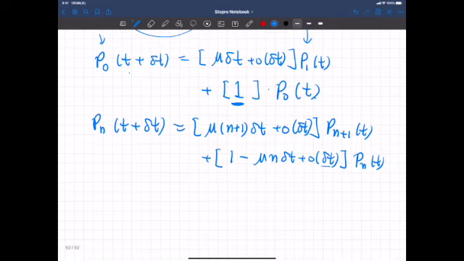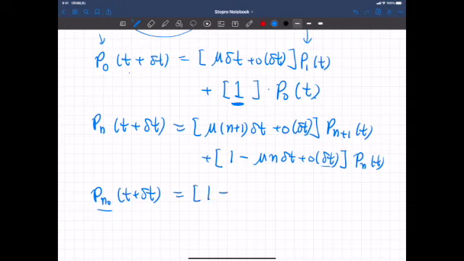And we also need to consider a special case where the population size is the same as the initial population size, n0. In this case, at time t, there must have been n0 individuals and no one died. That's the only scenario, because the population size does not increase. So if there are the same number of individuals as at the initial time, then nobody died.